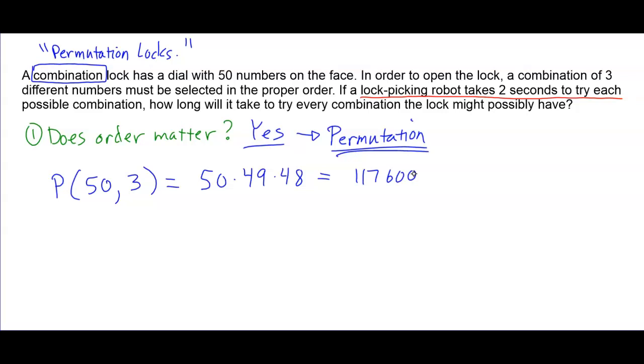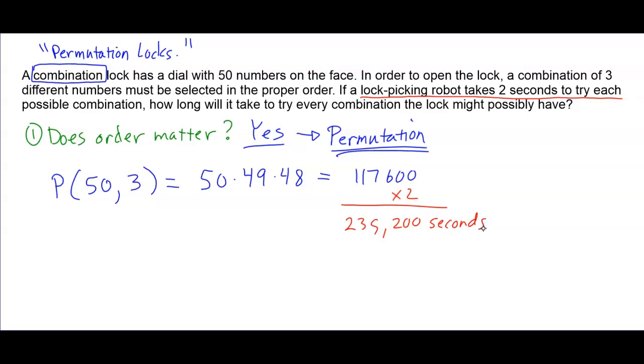Now this particular lock-picking robot takes 2 seconds to attempt each combination. So now we've got to multiply by 2. So 117,600 times 2, we've got 235,200 seconds. How long is that?